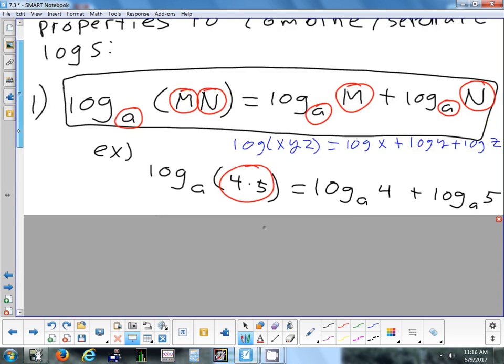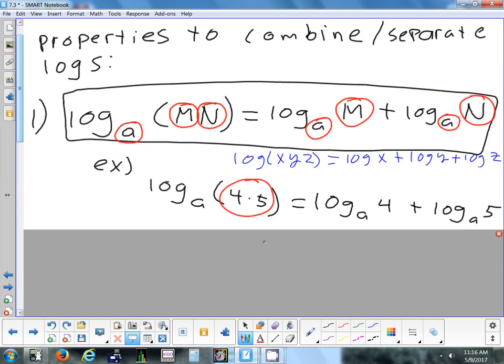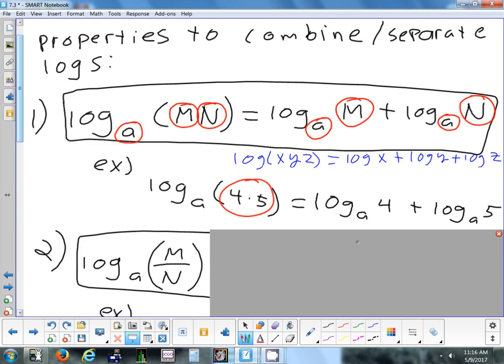Right, let's look at our second rule. Based on the first rule, anyone have a guess how you would split a fraction? Multiplication splits as addition. That's the first rule. How about division? How do you think that would split?